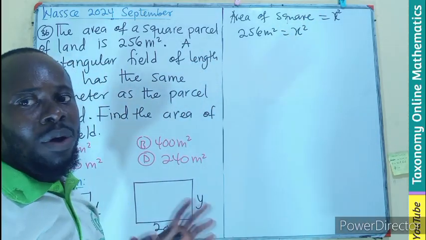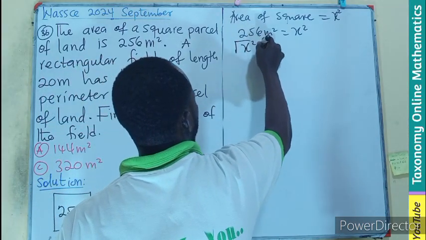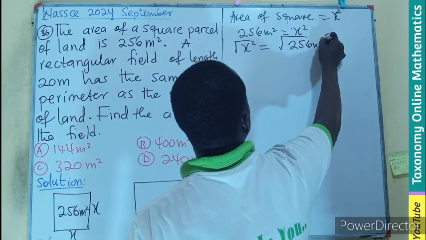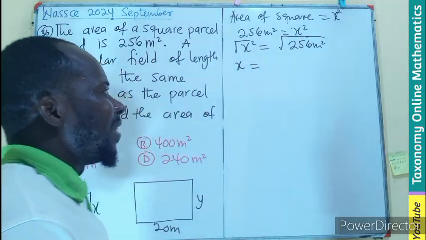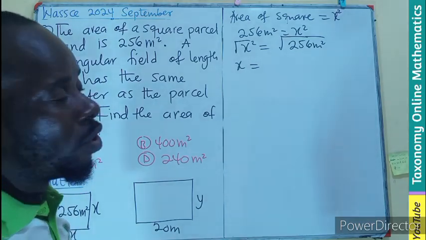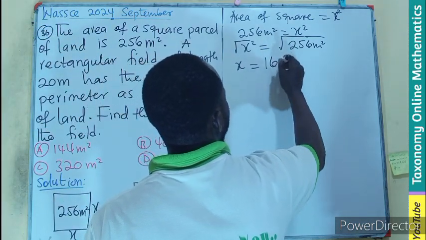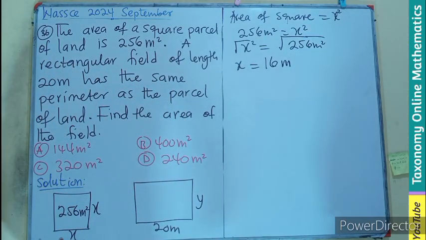Now we need to find the square root of both sides. So we have the root of x square equals to the root of 256 meters square. X will be equals to 16, because 16 times 16 gives us 256. So I have 16 meters. That is the length of the square parcel of land.